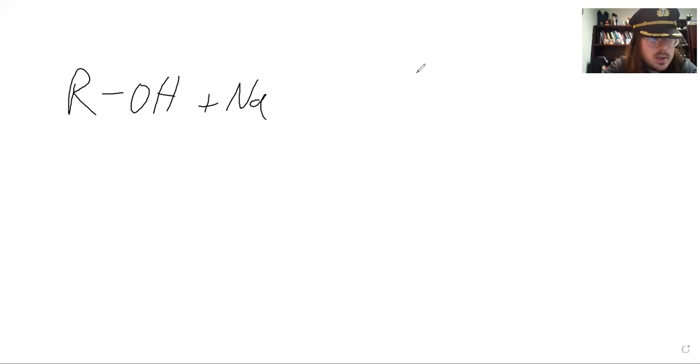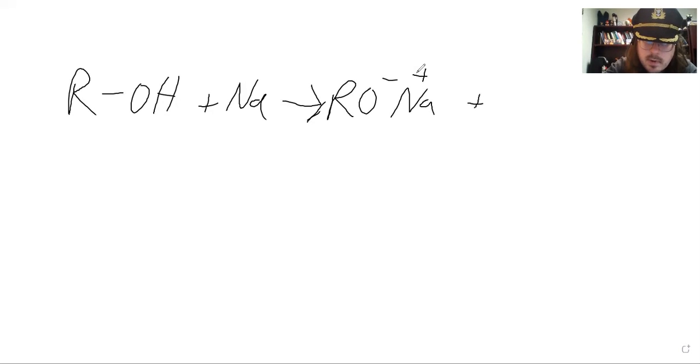Adding sodium, for example, is going to give us alkoxide and hydrogen gas. So half equivalent of hydrogen gas.